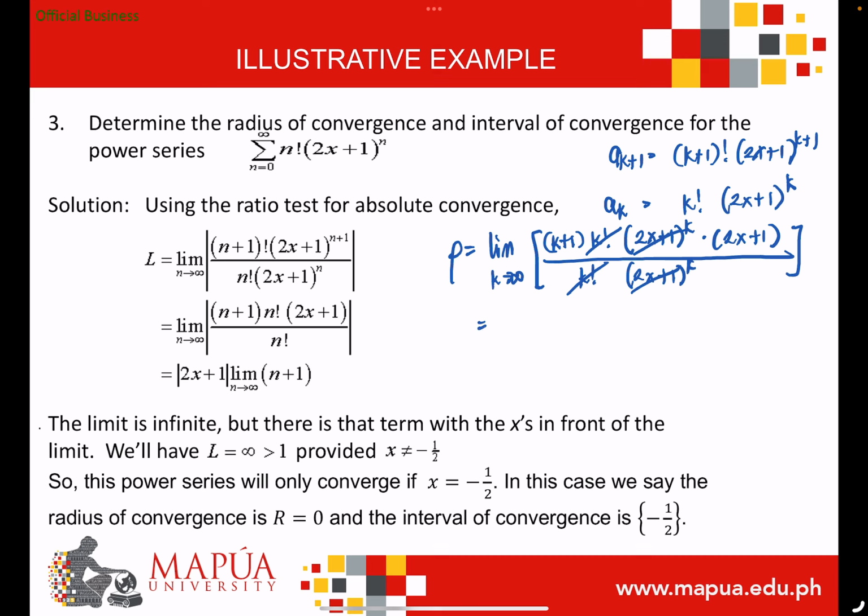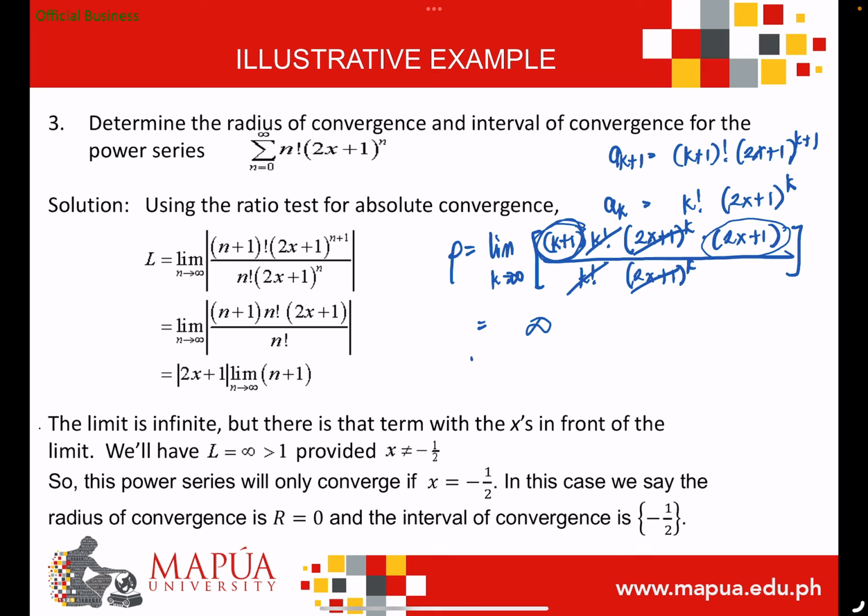Since it is only (k + 1) remaining, and 2x + 1 has the variable x, we evaluate this limit. It would be approaching infinity. So the limit is infinite, but there is the term with the x's in front of the limit. So the limit is equal to infinity, greater than 1, provided that x is not equal to negative 1/2.